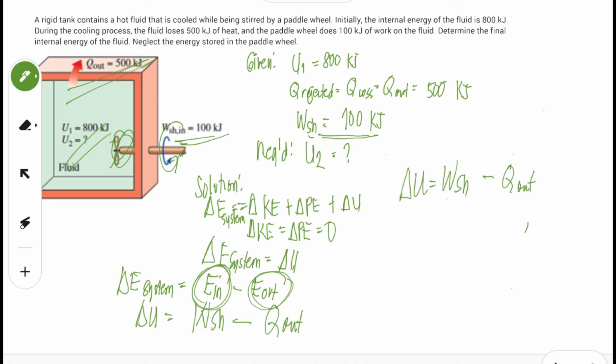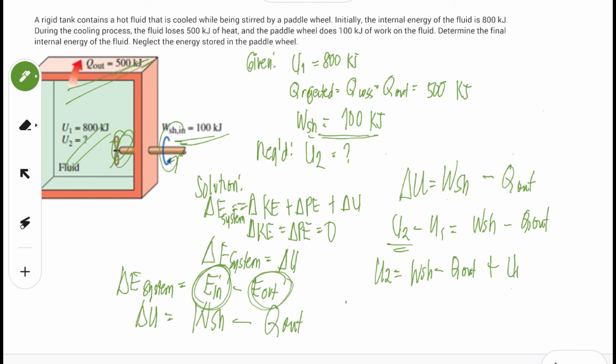So we are looking for the final internal energy of the fluid. We have the shaft work minus the heat loss, plus the initial internal energy of the fluid.